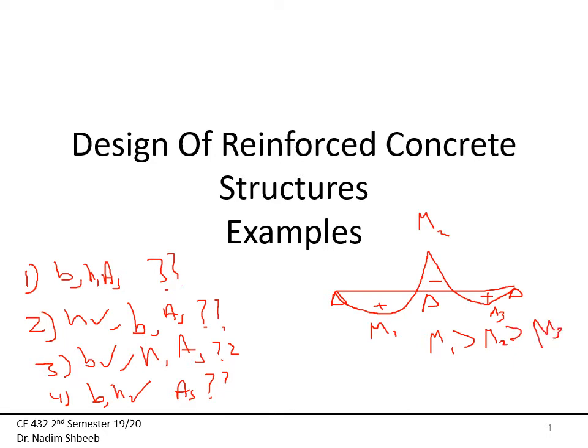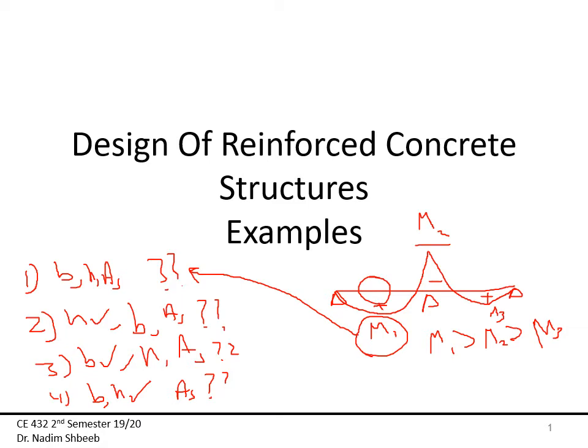Then I will base all my design on M1, the largest, and that would be somewhat like case 1. So I'm designing my beam on the maximum of the maximums, let's say. Again, this is my positive moment, negative moment, positive. Once I do that and determine B, H and area of steel for that section right here, the beam obviously will have the same cross section all over.